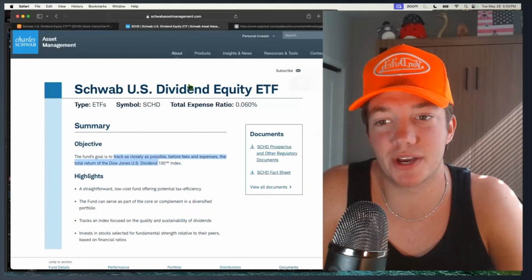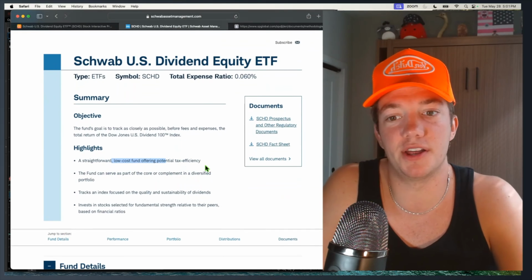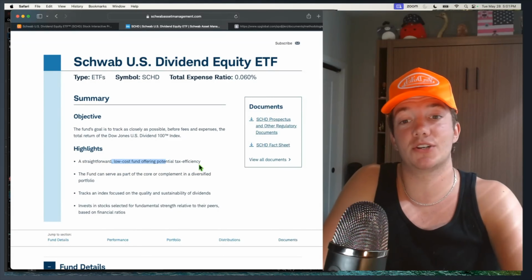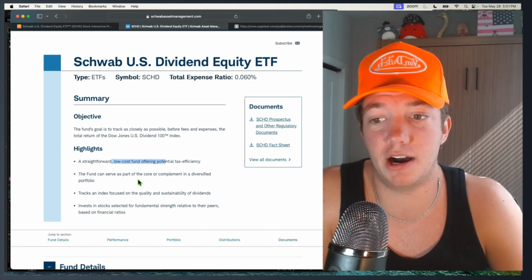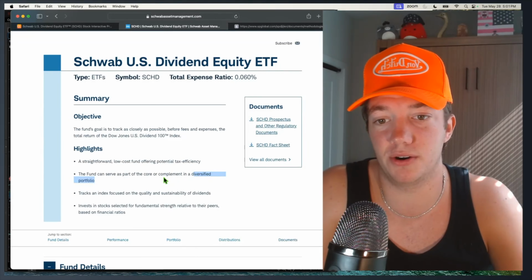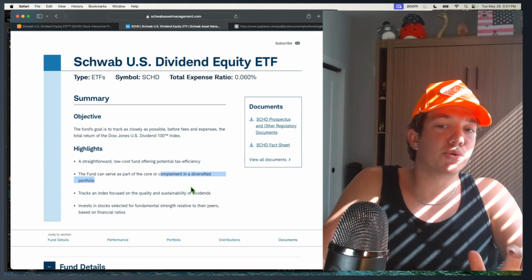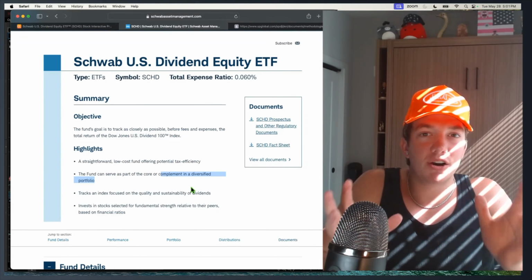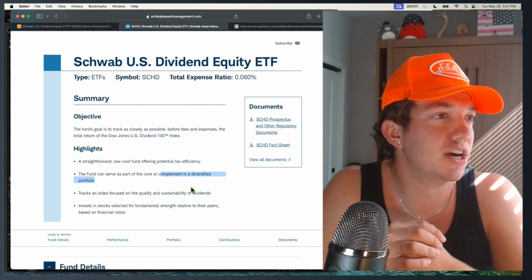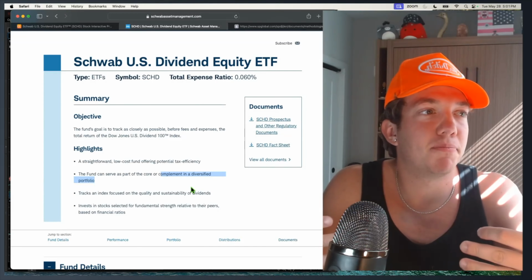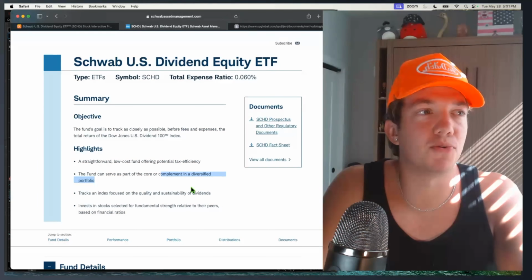Okay, so, getting back to the fund. It's a straightforward, low-cost fund offering potential tax efficiency, and it can serve as part of the core or complement in a diversified portfolio. Guys, I understand this. Me personally, I've never really been a fan of creating this diversified portfolio of ETFs, because to me, if I'm going to pick an ETF, why do I need multiple?